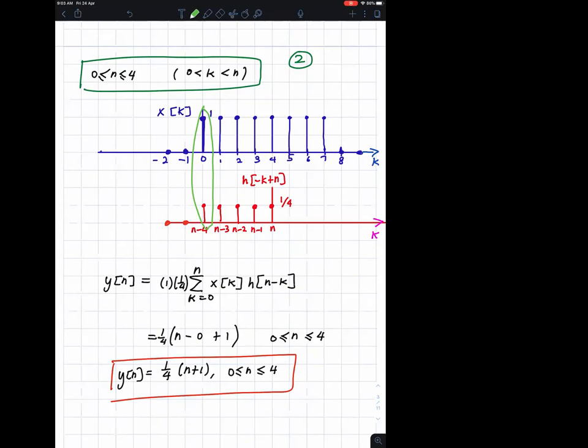Yeah, 0. Why 0? Because below 0 there are no signals. Below 0, everything is 0. There's no point putting n minus 4 as a lower limit. No matter what the value of n, below 0, the output is going to be 0.